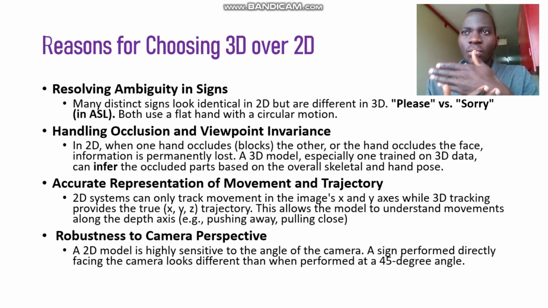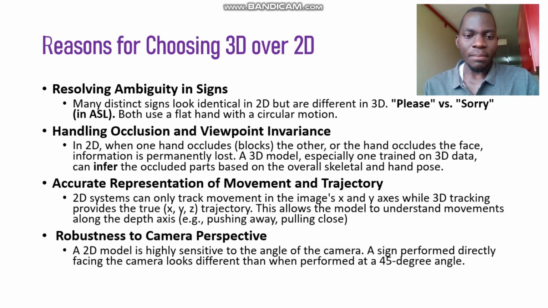Then the other thing is accurate representation of movement. 2D uses XY, while 3D uses XY and Z trajectory in tracking movements. Let's say when you are pulling or coming closer, 2D cannot analyze that, but 3D can.